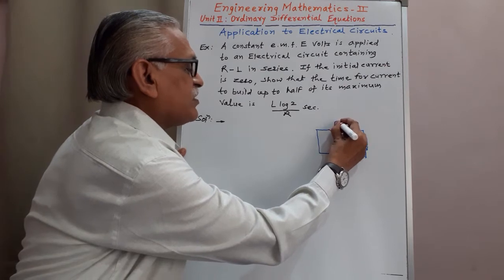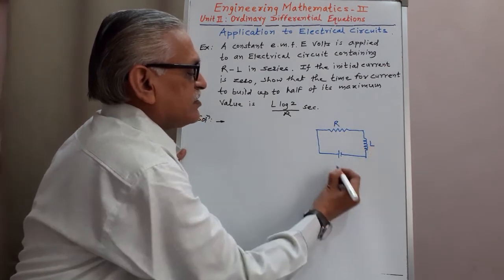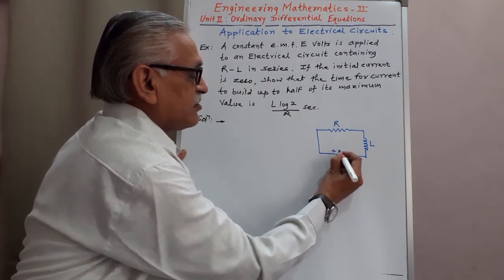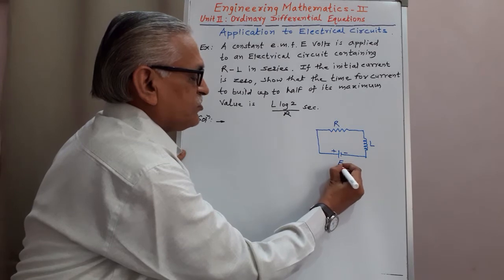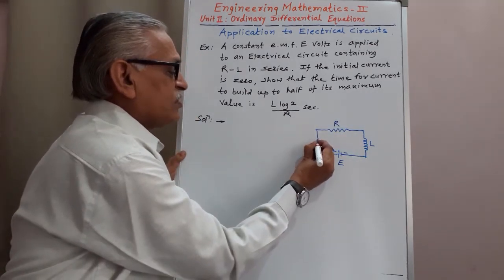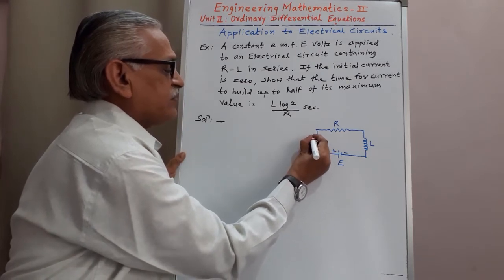Resistance capital R, inductance capital L, battery of E volts connected in series, and due to which current flows through that circuit as I, small I.